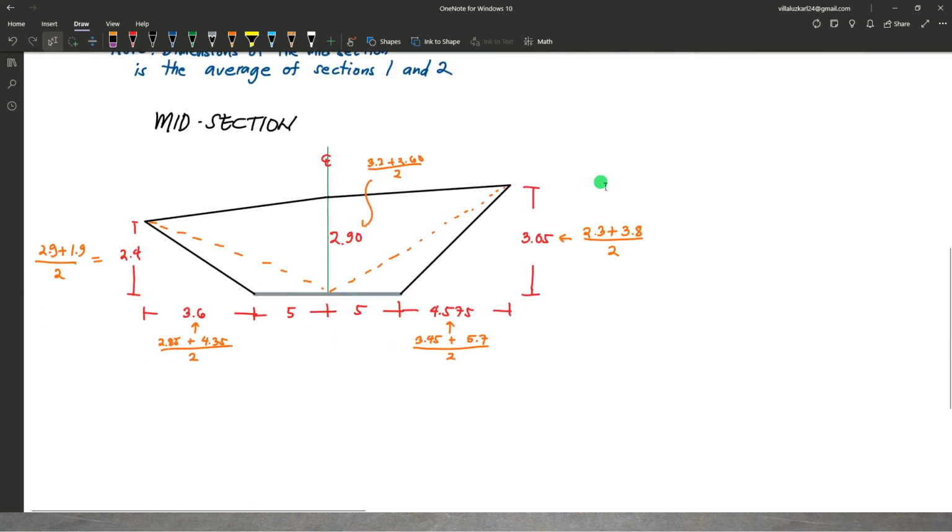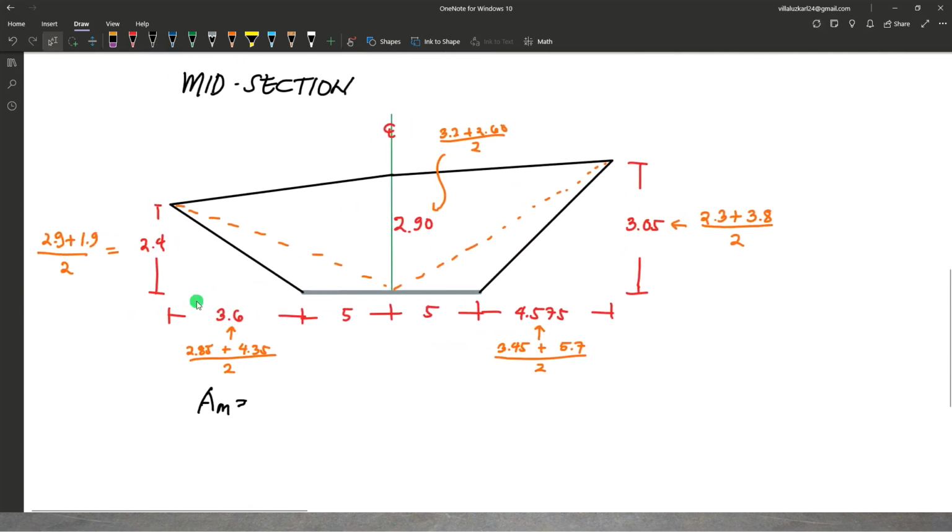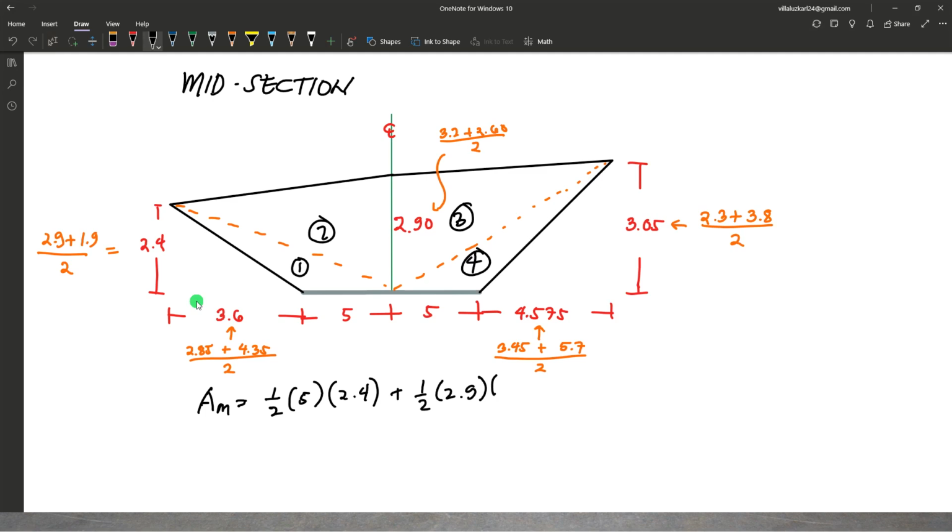So for the midsection, find the area at mid. First triangle here, second, third, fourth. First triangle, 1 half, 5, height 2.4. Second triangle, 1 half, 2.9, height is the total horizontal distance here, 8.6.